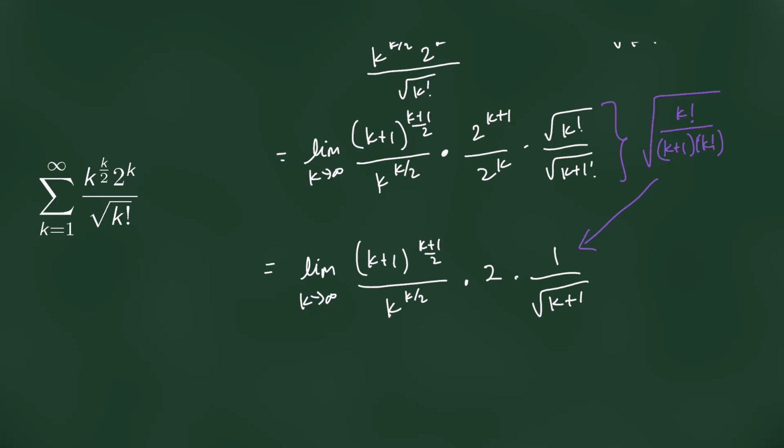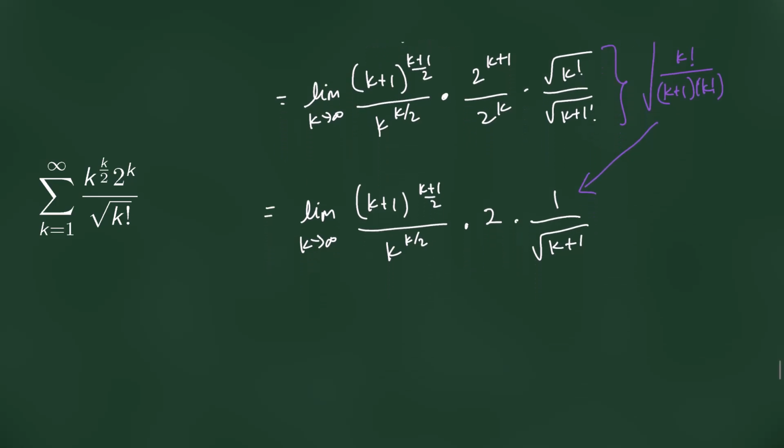But notice that that is the same thing as (k plus 1) to the negative 1/2. So we have the limit as k goes to infinity of (k plus 1) to the (k plus 1) over 2 minus 1/2. That minus 1/2 comes from the square root of k plus 1 in the denominator, over k to the k over 2 times 2.